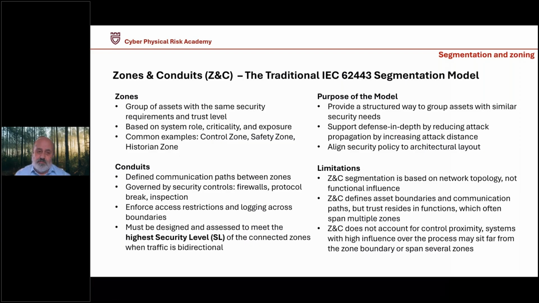So if zone A is security level 2, zone B is security level 3, and you connect the two with a conduit, then you typically make sure that the conduit security level will not breach the higher level. Certainly not if it's bidirectional traffic. So if you have security level 3 for zone B, then it's probably best to have the conduit also at security level 3, which can be an issue if you, for example, have Modbus flowing in that conduit.